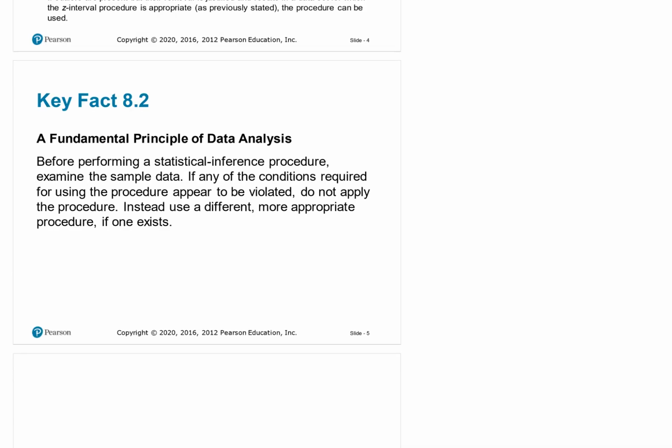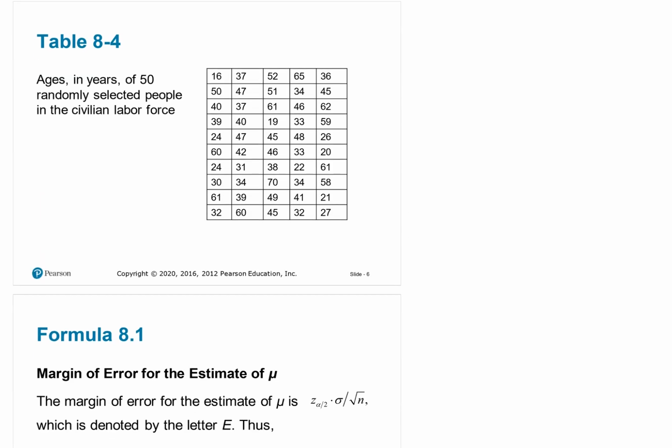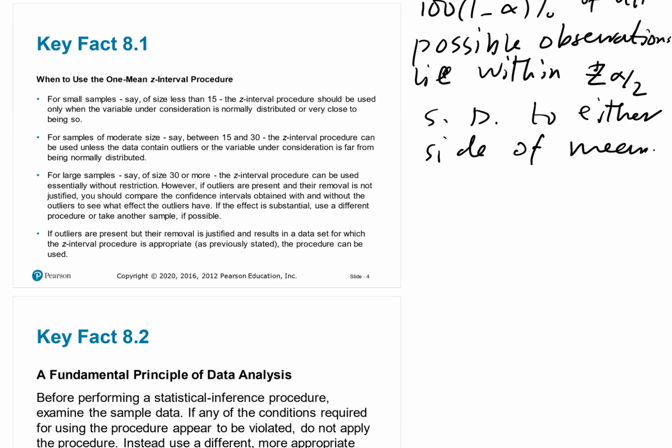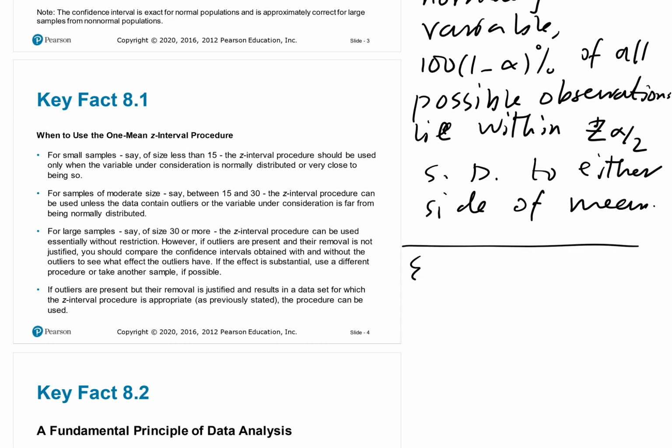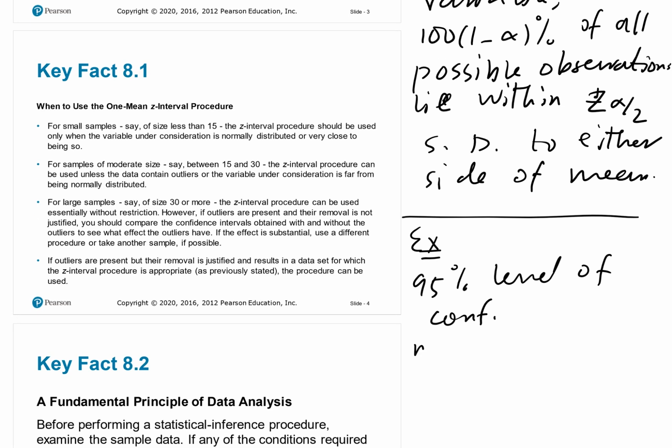We can look at an example here. Let's say we have 95% confidence, the level of confidence is given. The sample size n is 50, the standard deviation is 12.1.